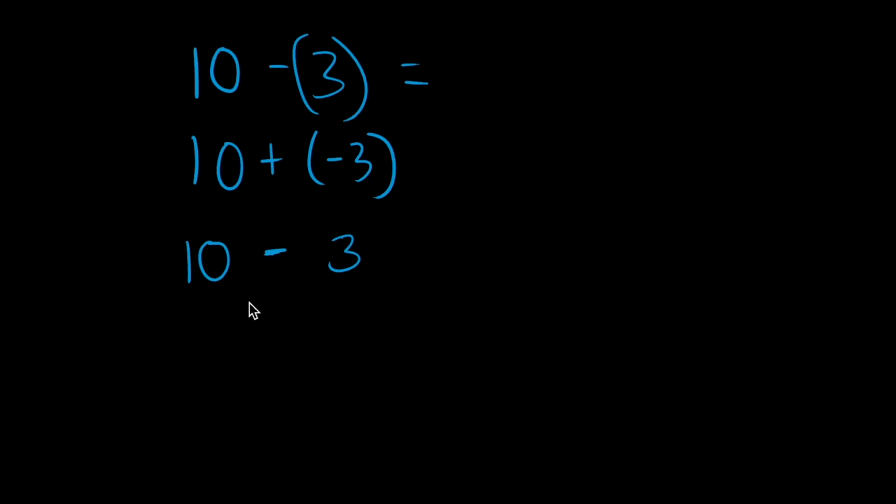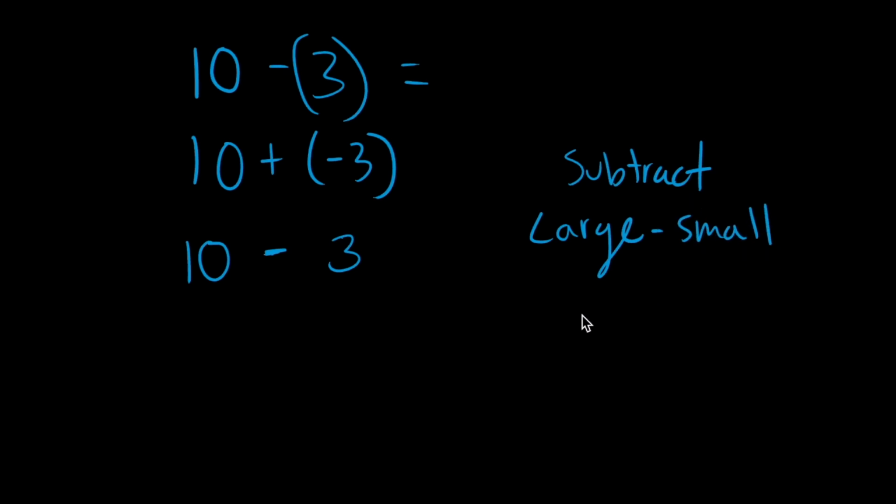So you subtract the large minus small absolute values. So 10 is bigger than 3. So 10 minus 3. So 10 take away 3, you have 7.